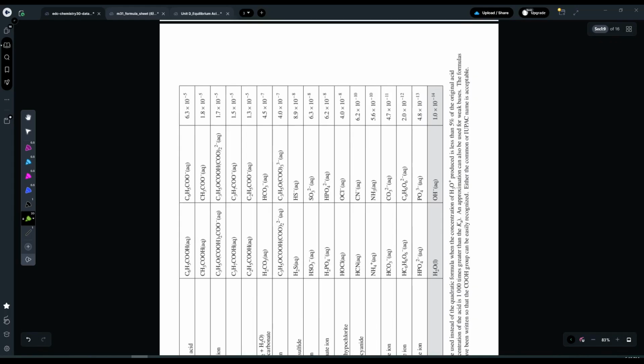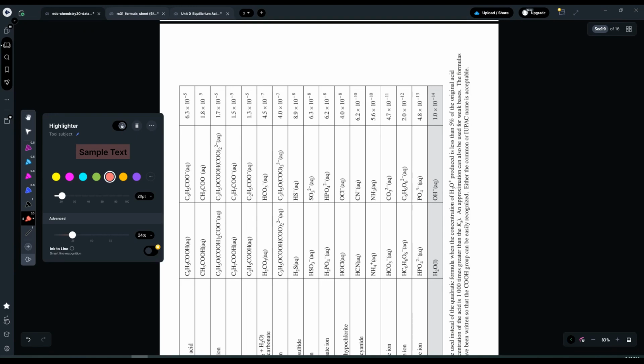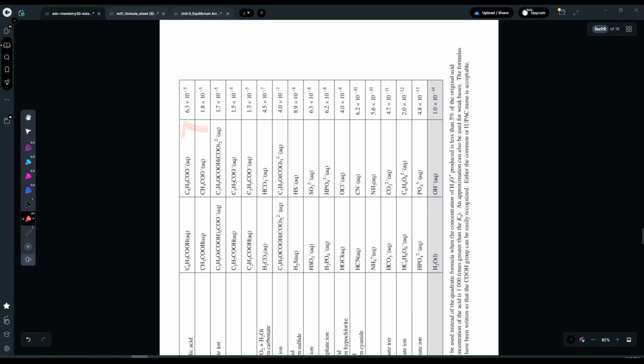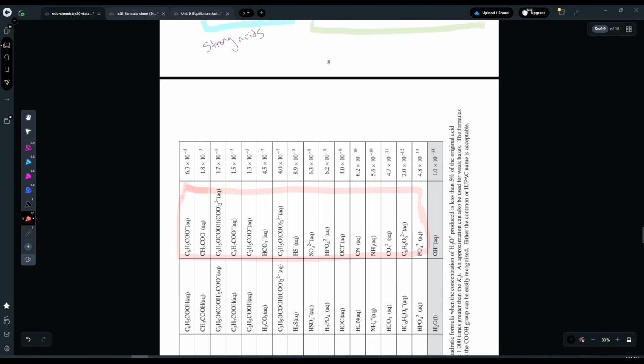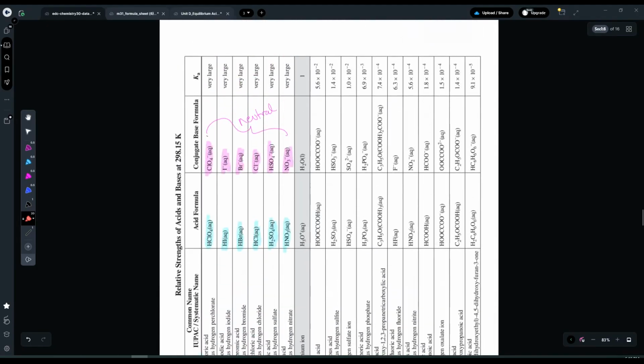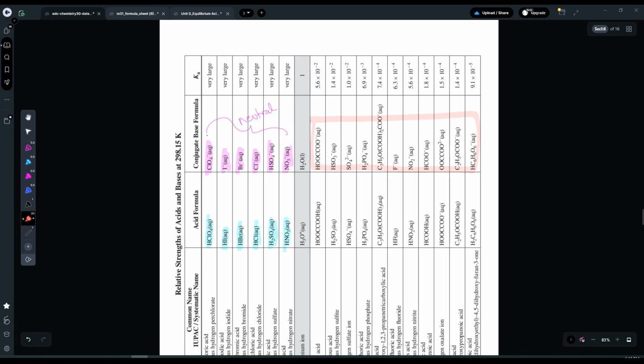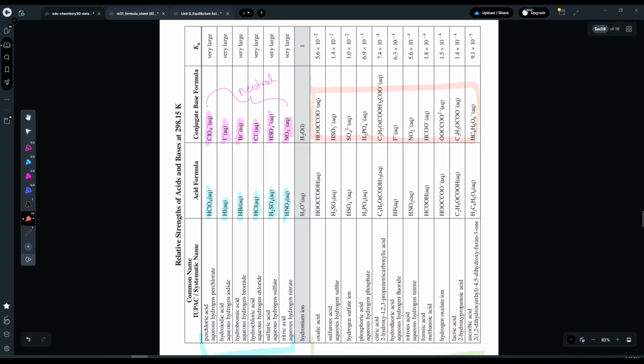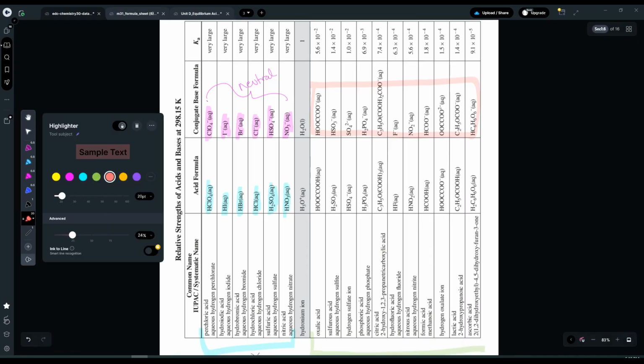In the conjugate base column, so in this column right here, so that's on page 9, and then going back to page 8, all of these, once again, we're still in between the 2 gray lines. All of these are weak bases.